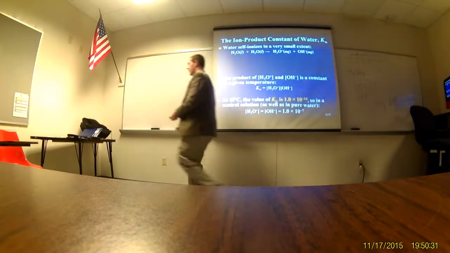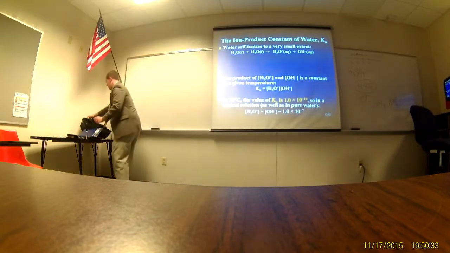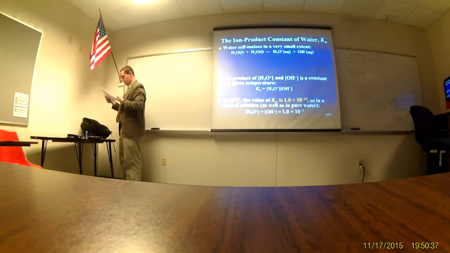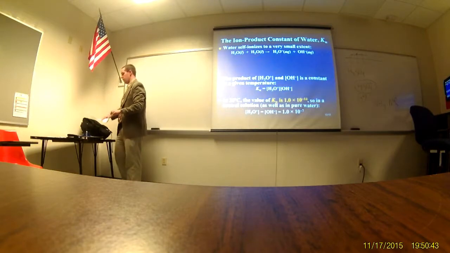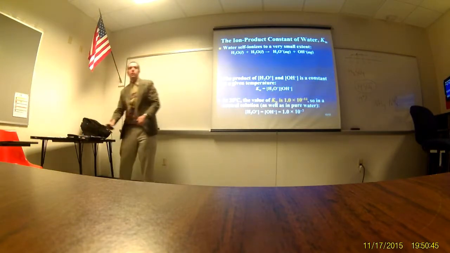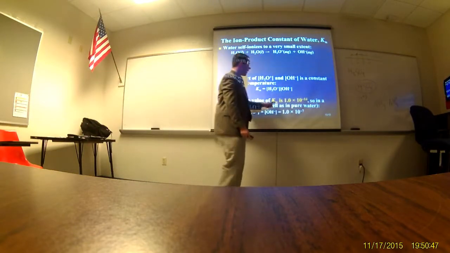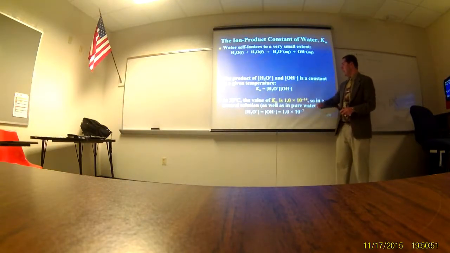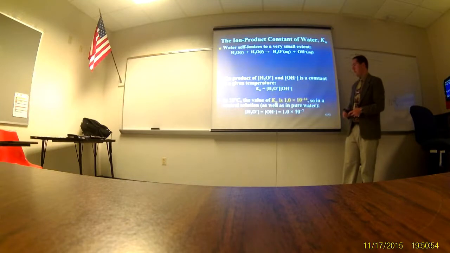I don't think that is on your cheat sheet. No, that number is not on your cheat sheet. That's something you're going to want to remember. The value of Kw is 1 times 10 to the negative 14.